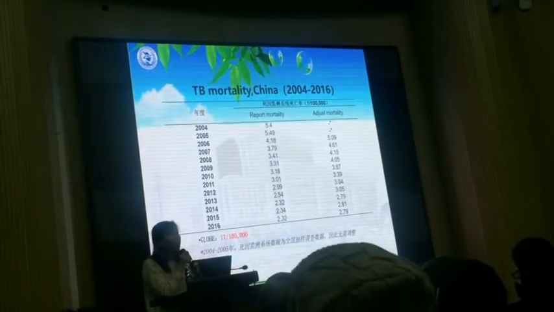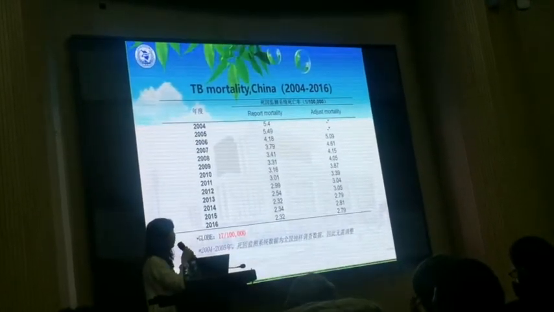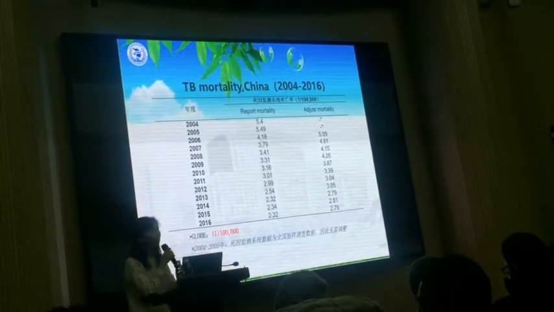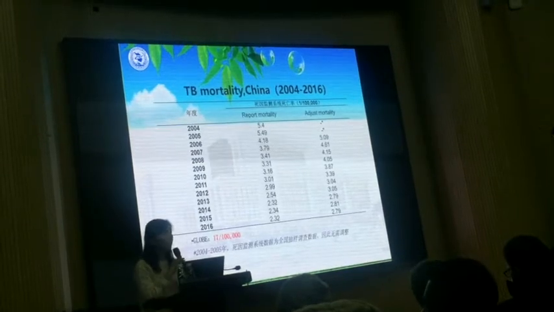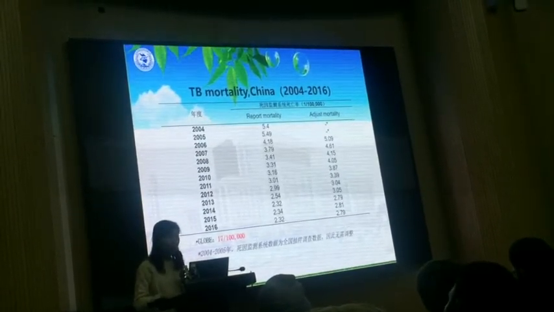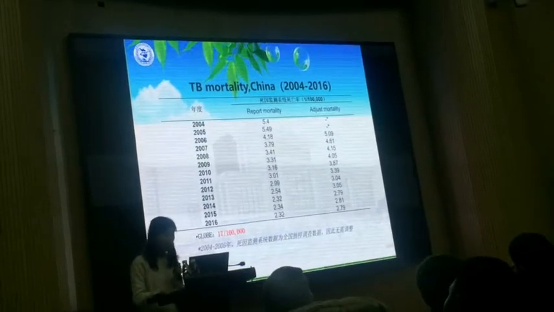The global mortality is about 17 per 100,000. So our mortality is much lower than the average global level.